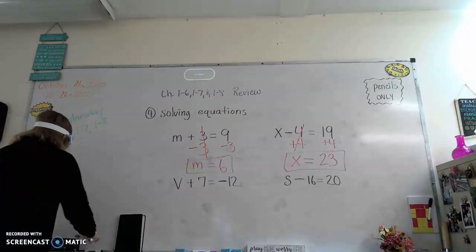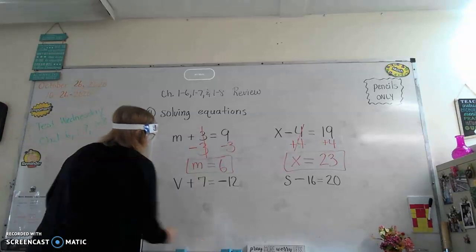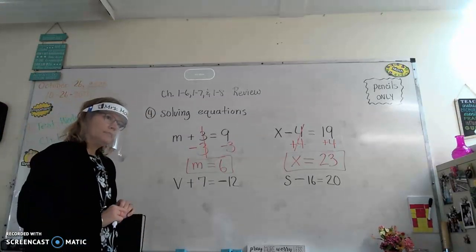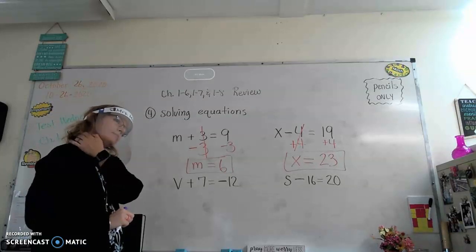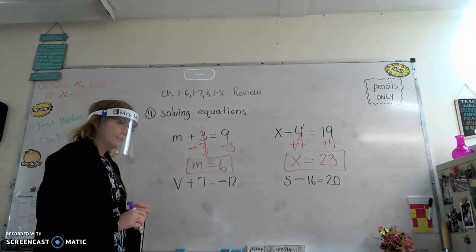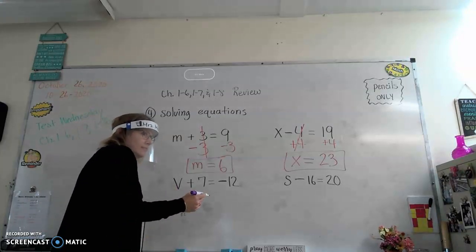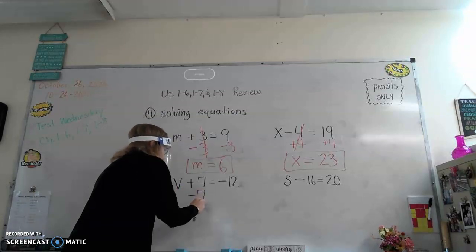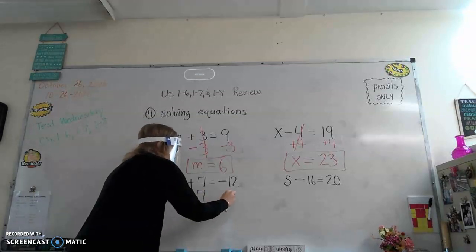Okay. 2 more. Bella, would you like to take this one? Tell me what to do. Well, it's b plus 7 first. So we do the opposite, which is subtract 7. That's right. And then you bring it to the other side, subtract 7.